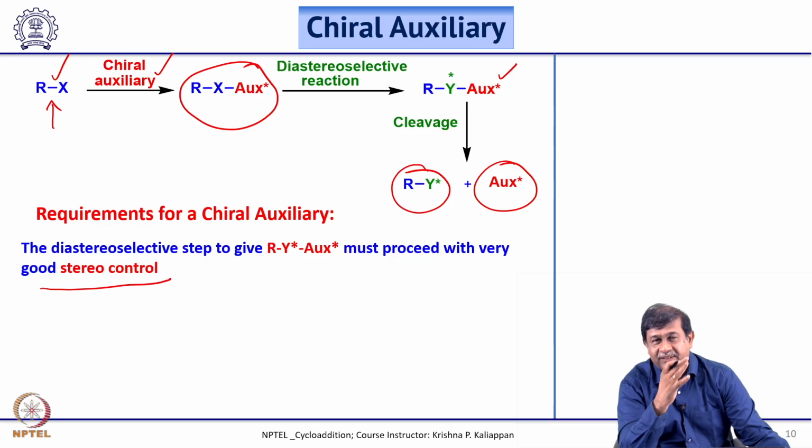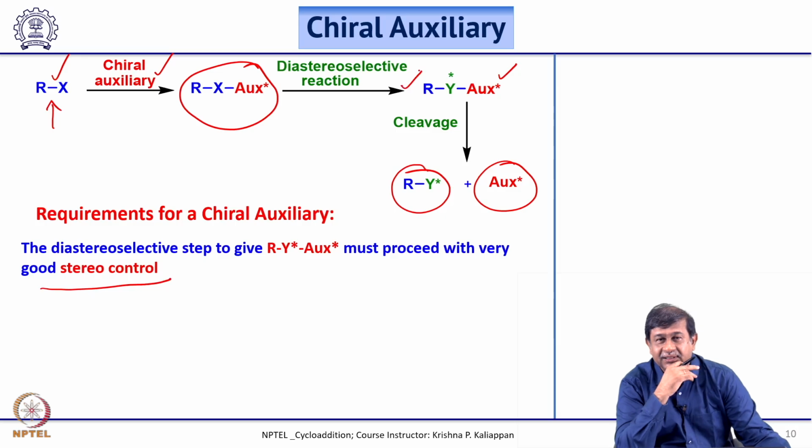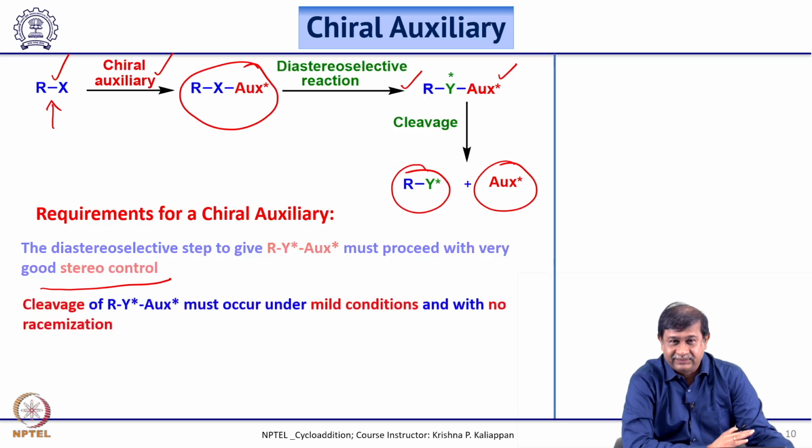That means during the diastereoselective reaction, as far as possible, it should give only one diastereomer, so that you don't even have to separate. You just cleave the chiral auxiliary and you get one enantiomer. So the chiral auxiliary which gives the highest percentage of a diastereomer is the most preferred chiral auxiliary.